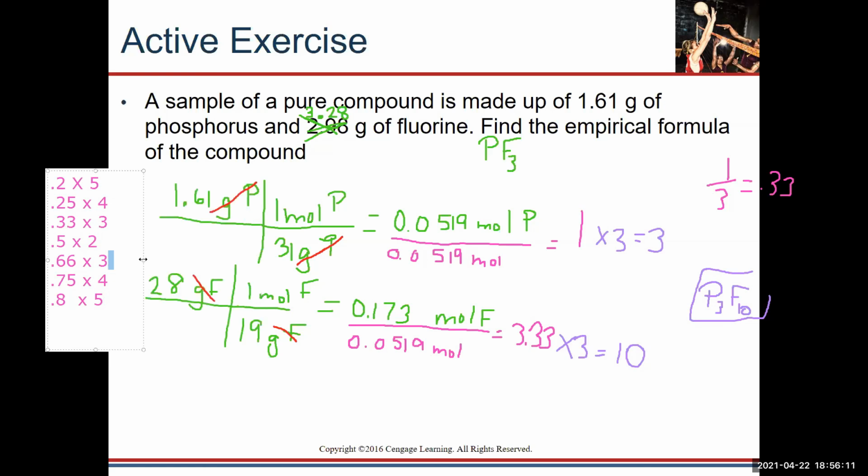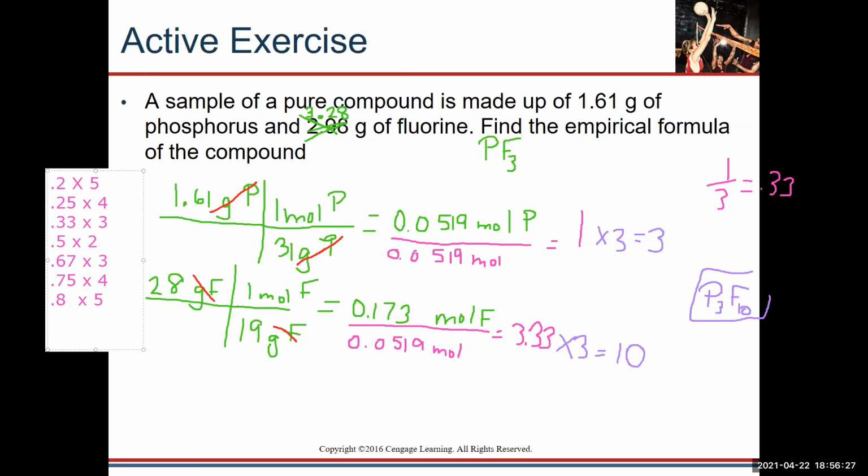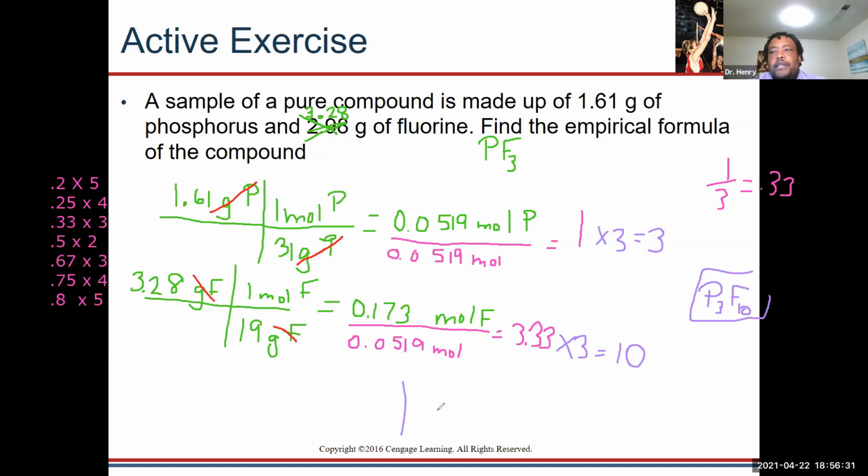And then for the one that's 0.66, when you multiply it by 3 it is 1.98, which is really close because really it's 0.66666666. So if you get 1.98, that's pretty much 2, right? Because that's really close. Okay, got it.